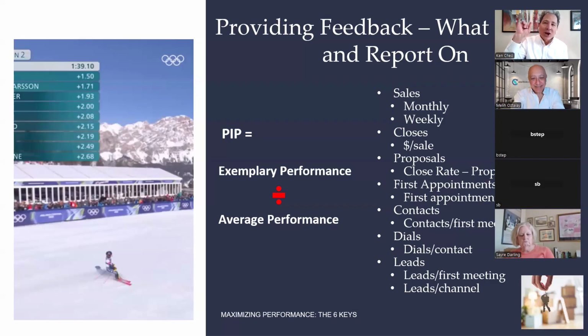The difference between her and fourth place was 39% improvement. And the difference between the last one there was a 93% improvement. Okay. So when you look at your potential for improvement of performance, take what your top producers are doing and divide it by your average producers.